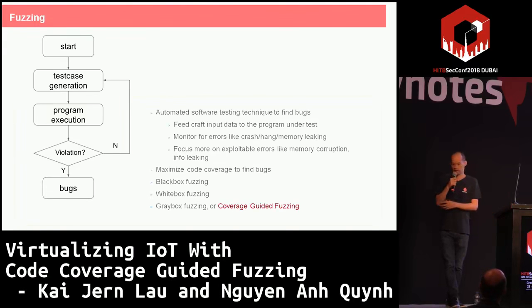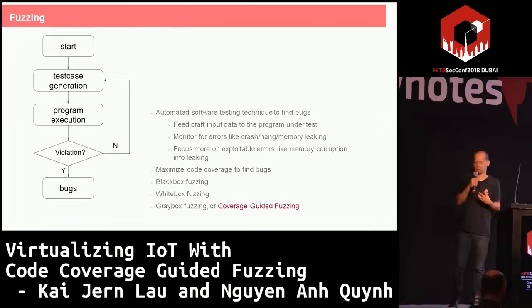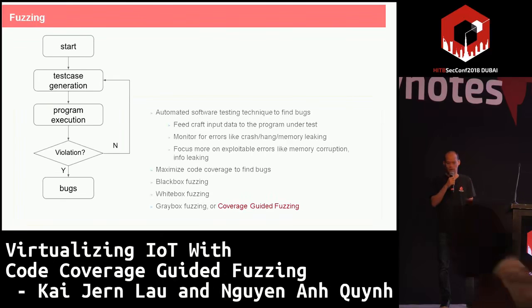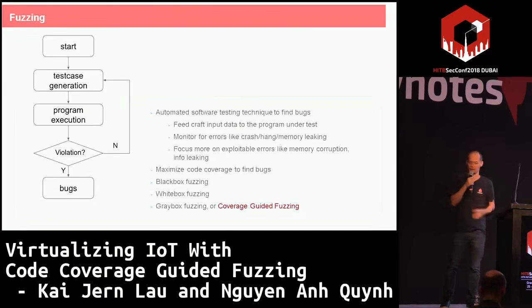On the other side, we have the white box fuzzer, which is very smart because it knows very well how the program works. So in theory, it can generate a very good input for the fuzzer. Unfortunately, the white box fuzzer is very nice in theory, but in fact, because it uses too complicated techniques to analyze the program, it's very slow, too slow to run, and it's not very effective.